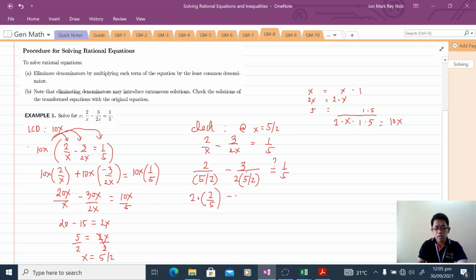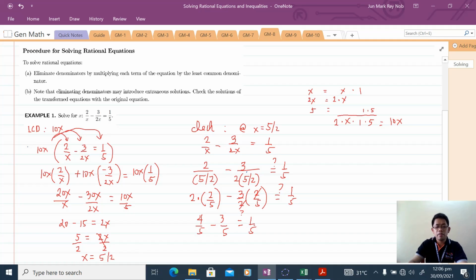The same process right here: 3 halves times the reciprocal of 5 halves, which is 2 over 5. So this is 4 over 5, minus 3 over 5. Is it really equal to 1 over 5?